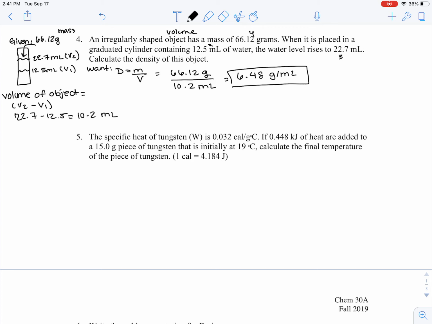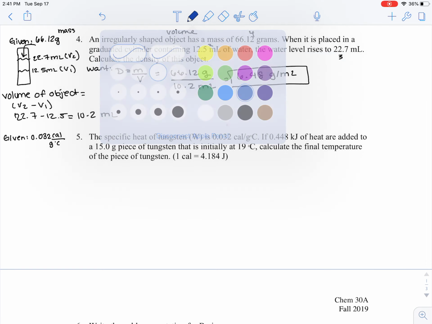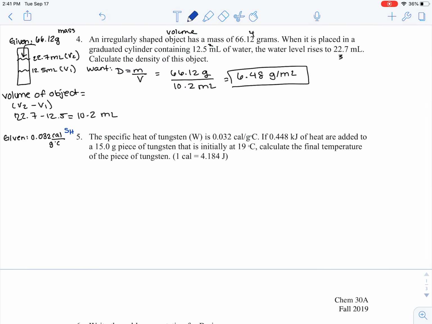Okay, so immediately we're talking about heat, there's mass and temperature. I know that I will have to use the heat equation. But first, wanting to break up everything that I'm given. So given here, 0.032 calories per gram Celsius. This is my specific heat.